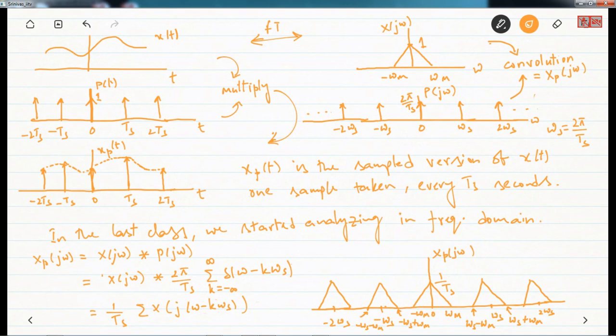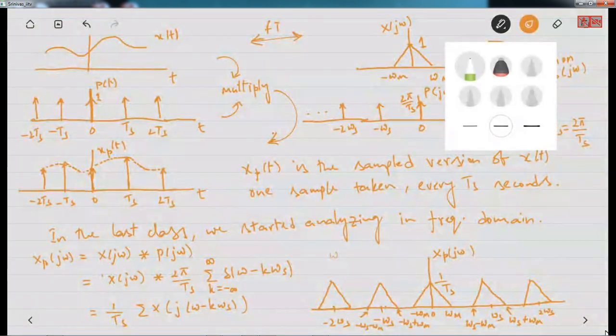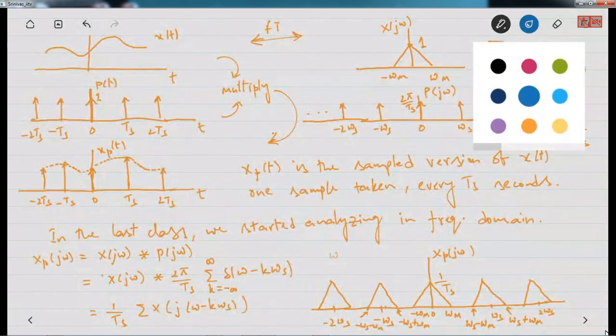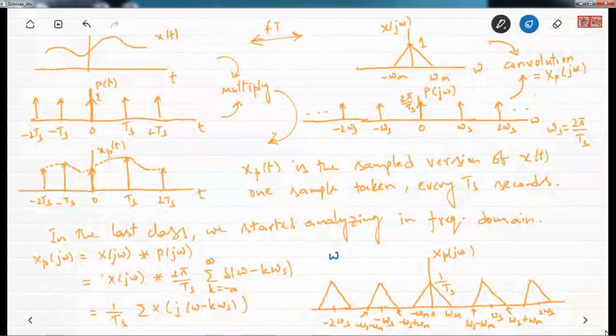Okay, so see, if you carefully observe this diagram, here what's happening is, we have assumed that this omega m is less than omega s minus omega m, right? We have assumed that. So let me write that differently: omega m is less than omega s minus omega m.